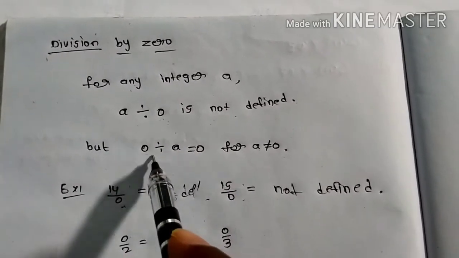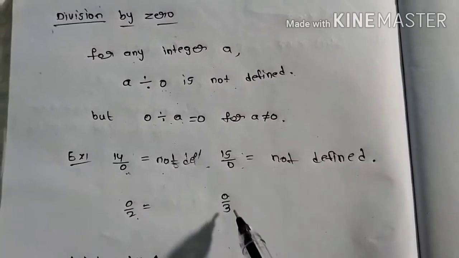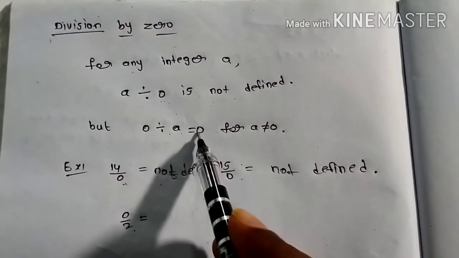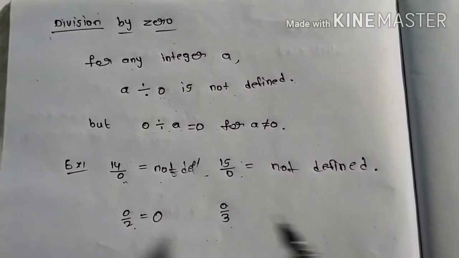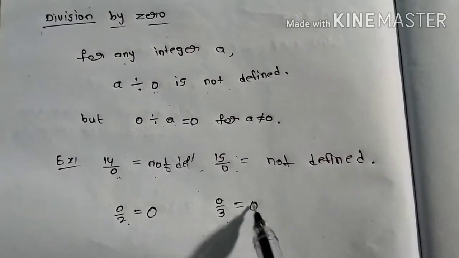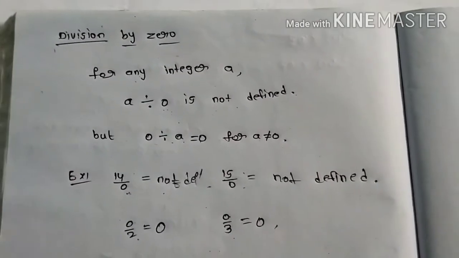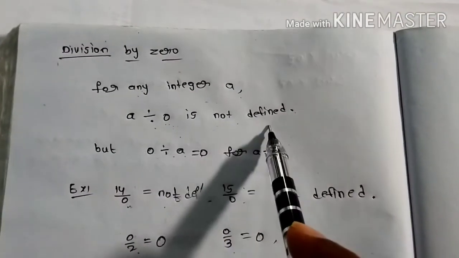But 0 divided by a, that means 0 by 2, 0 by 3, 0 by 100, 0 by 1000, will you get how much? The result will be equal to 0. So I am writing here 0 by 2 is also 0, 0 by 3 is also 0. If I take 0 by 1 lakh, it is also 0 only. So remember, for any integer a, division by 0 is not defined.